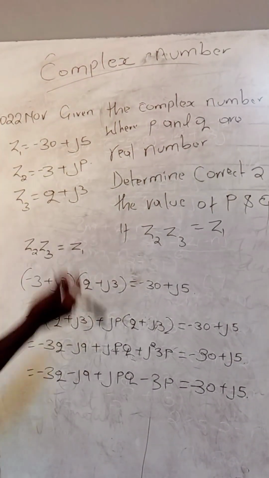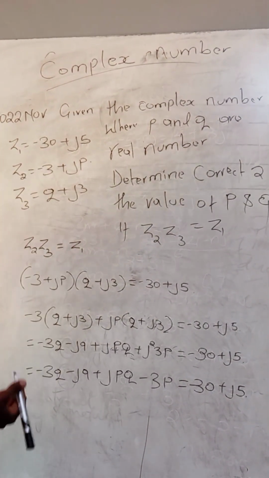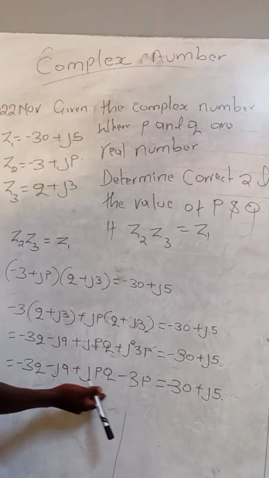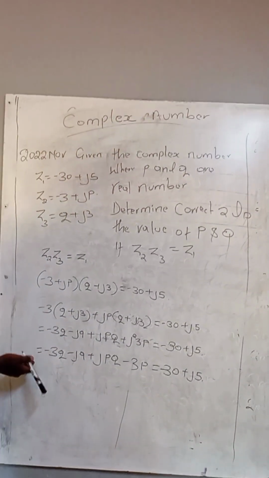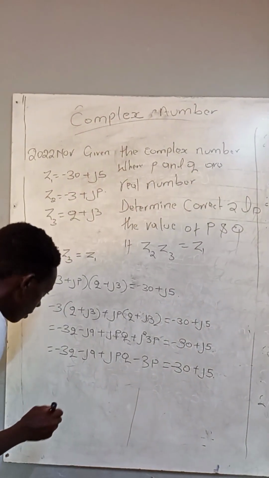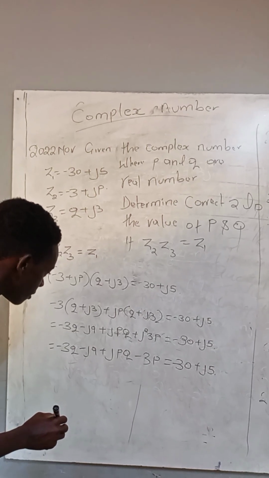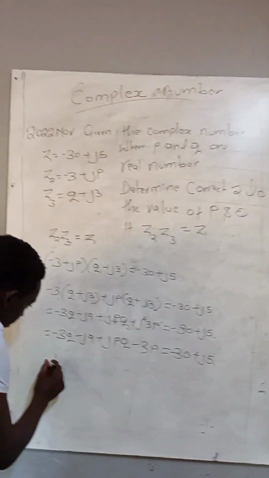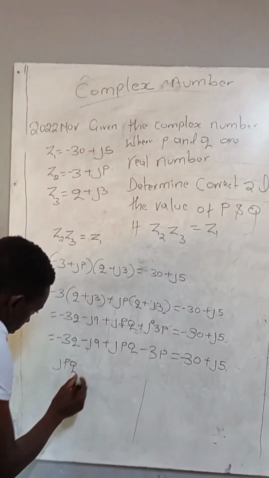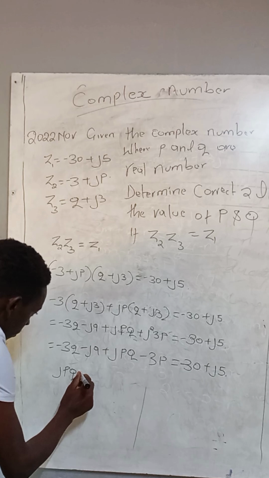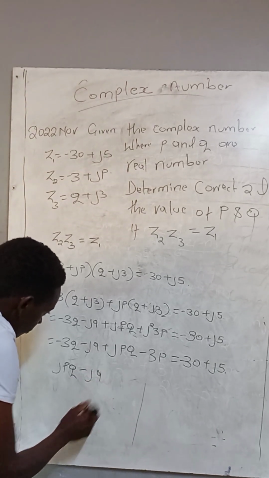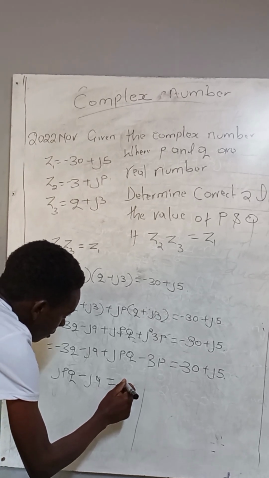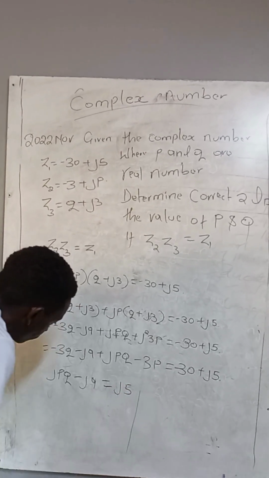The question was to determine the value of p and q. So here I will collect the terms with j and equate them together, then I will also equate the constants. Let's start with the ones with j. I will have jpq minus j9 is equal to j5.